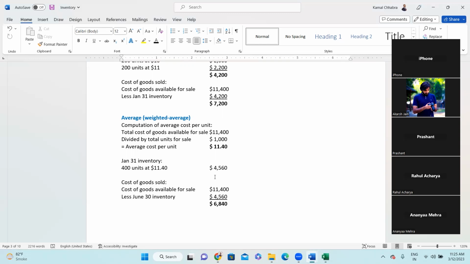Same way, cost of goods sold is either you can just multiply 600 by 11.40 or you can say total goods available for sale minus closing inventory. Right? Right, sir.